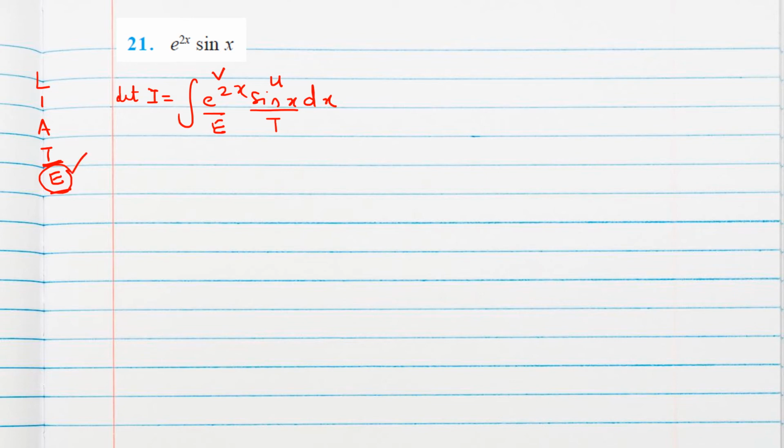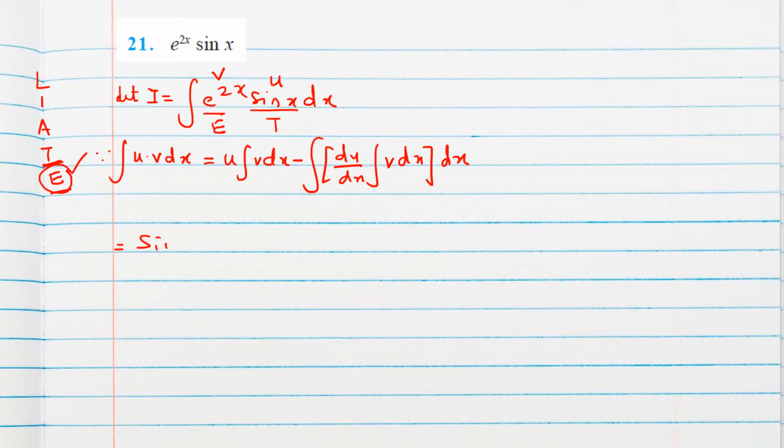Now we can write the formula. We know the integral of u v is u times the integral of v, minus the integral of du by dx times the integral of v dx. So sin x will be the same, the integral of e power 2x, minus the derivative of sin x times the integral of e power 2x.